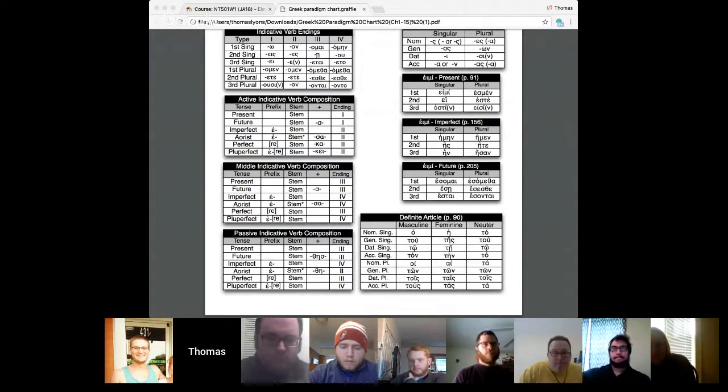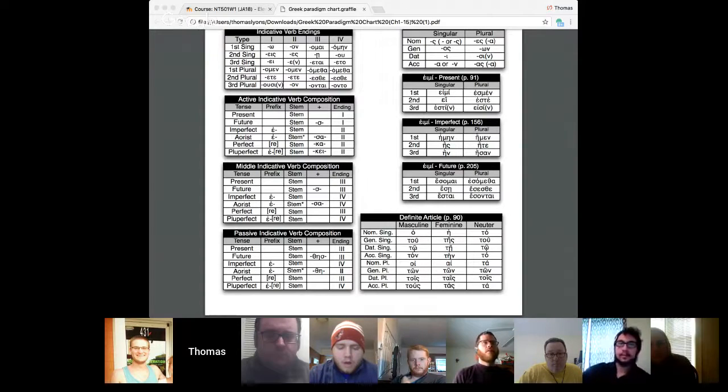And so once you get the active first, the middle passive will often just kind of write itself, because all of the prefixes are the same. Things that go through stem changes are going to go through stem changes in all the voices. And the tense indicators for the perfect and pluperfect often drop off in the middle and the passive.